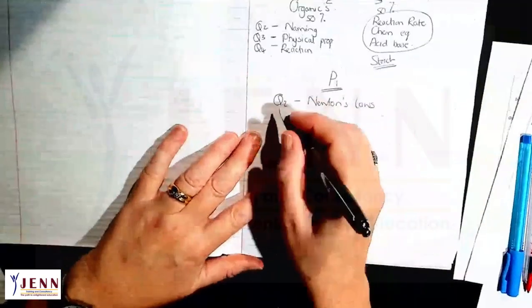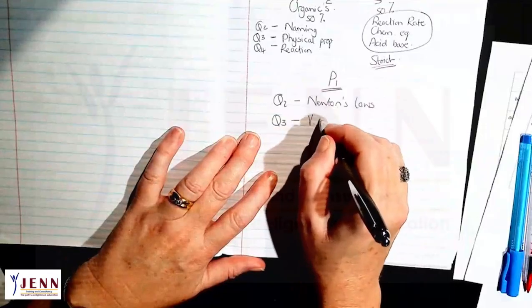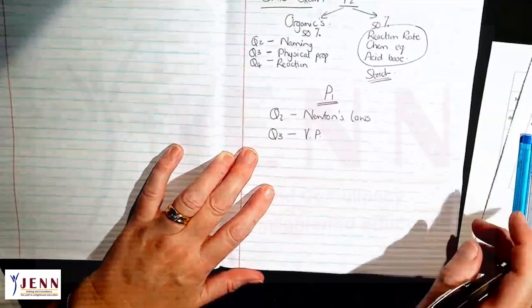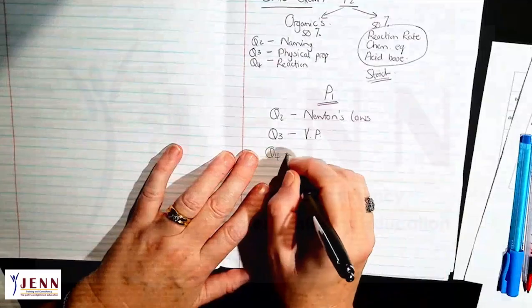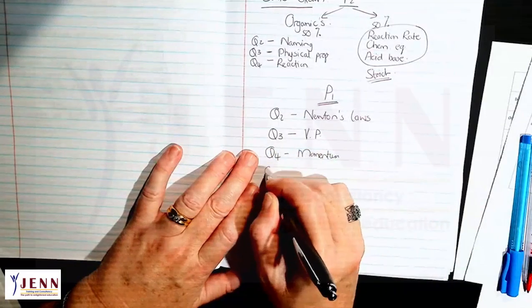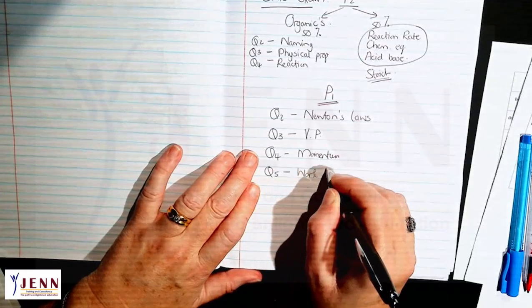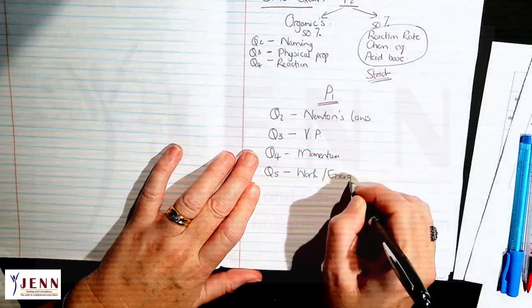Then question number 3 will be on vertical projectile motion. Question 4 will be momentum. Question 5, it's work, energy, and power.